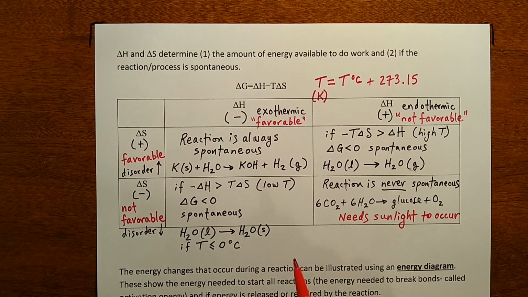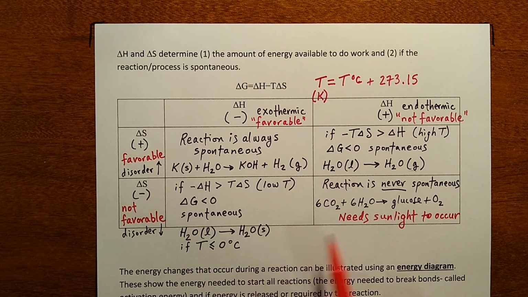That's why delta H is positive. And also, it's an unfavorable change in entropy. You're taking a very chaotic reactant system, so to speak, 12 molecules here, and making one large molecule and releasing oxygen gas. If there are more molecules of gas on the left than there are on the right, that is an unfavorable change in entropy.